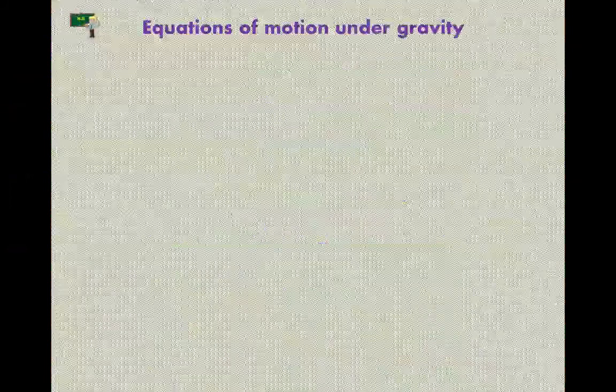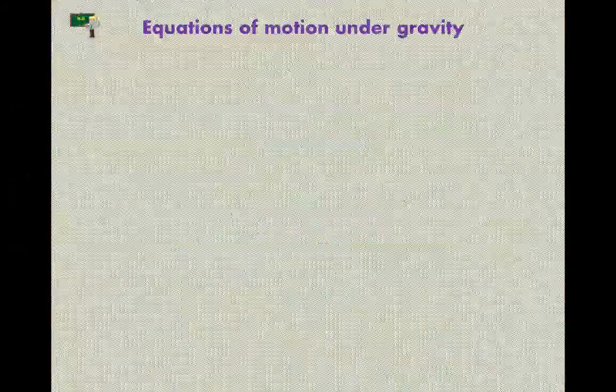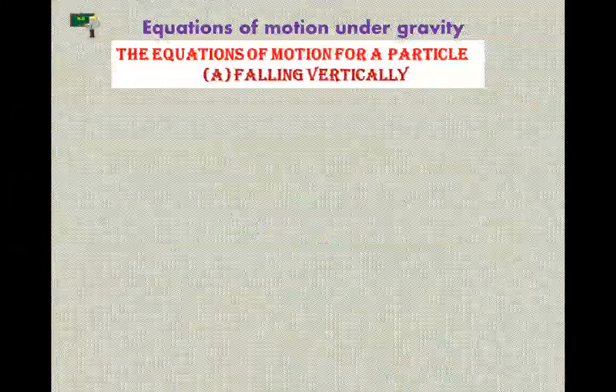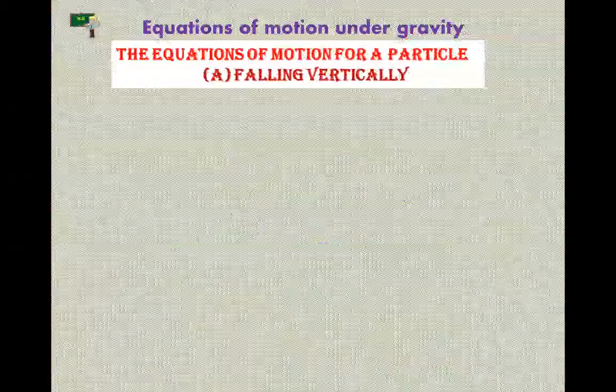Now, equation of motion under gravity. Let me explain this. We know that near the surface of the earth, the acceleration due to gravity g is constant. All straight line motions under constant acceleration can be understood using the kinematic equations which we saw earlier.